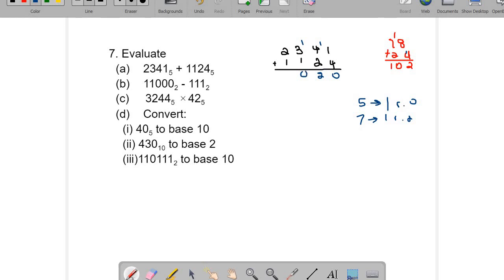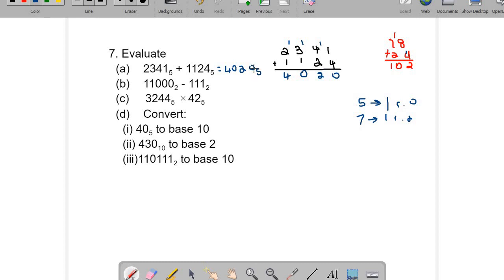So we're just going to write down the remainder 0 and carry the 1 to the next place value. Okay, 1 plus 2 is 3, 3 plus 1 is 4, and 4 is allowed, so we're going to write down 4. So our final answer is going to be 4, 0, 2, 0, base 5.